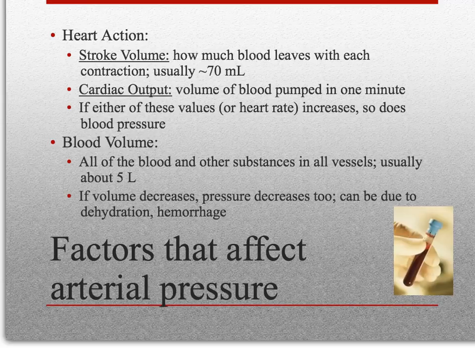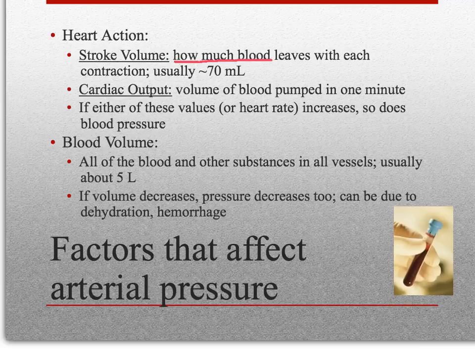Some factors can affect how well your arteries are moving blood and how well the walls are expanding and contracting to allow for pressure. So we measure the movement of blood in a couple of different ways. The first one is called stroke volume. So this is just a measure of how much blood leaves the heart every time the heart contracts.